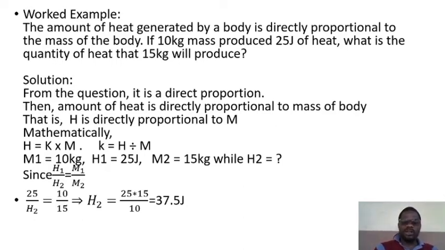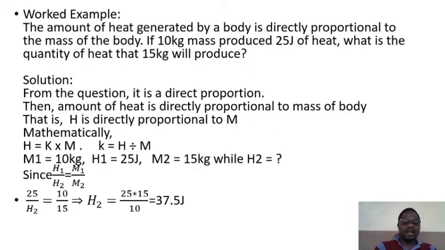So from the question, we see that it is a direct proportion. The amount of heat is directly proportional to the mass of the body. So that is H is directly proportional to M. So we write it mathematically. You now have that H is equal to KM, where K is the constant of proportionality.